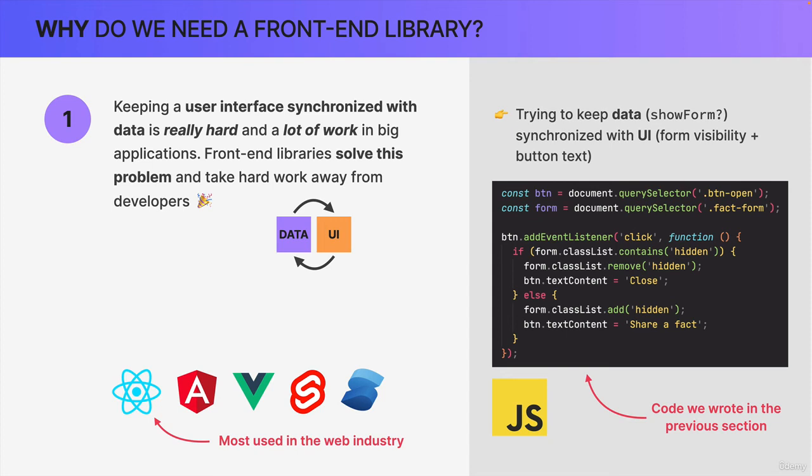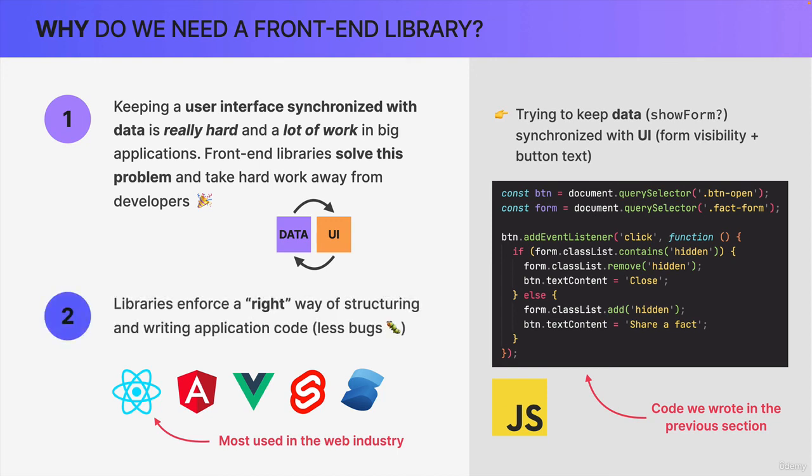Okay, so this is the number one reason why we need a library like React. But there is another one. Another extremely valuable thing that front-end libraries give us is the fact that they basically enforce a right way of structuring and writing code. So this way, everyone on a team writes application code in exactly the same way and follows the same conventions, which will lead to a lot fewer bugs.